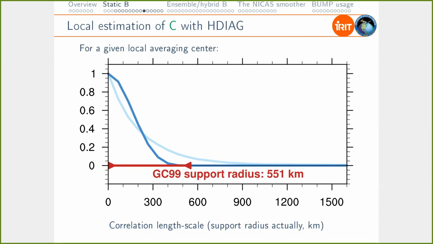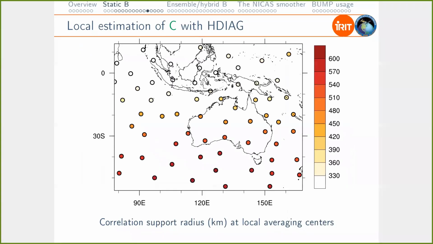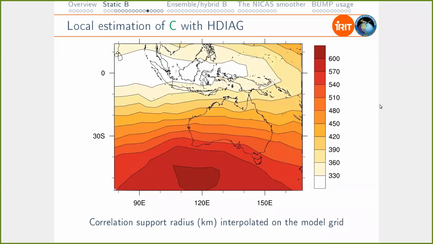Once we have this correlation support radius for a given local averaging center, we can do the same for all the red dots we had before. So for each of these dots, we have a given horizontal length scale. And finally, we can interpolate on the model grid and get a full field of correlation length scales, or support radius in this case.